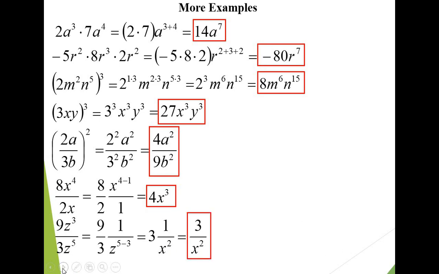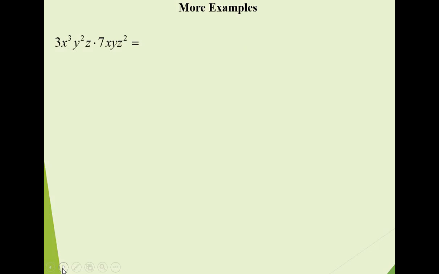All right. Next example here. Here we have 3x squared y squared z times 7xy z squared. Same idea. Multiply the coefficients. So the first thing we're going to do is take the 3 and multiply it by this 7. Then note here the second term is x cubed, and here this is x to the 1. So we're going to write back x and add the power, so it's going to be 3 plus this 1.